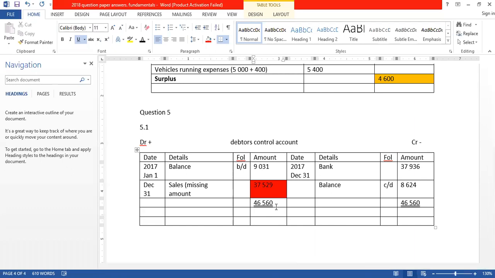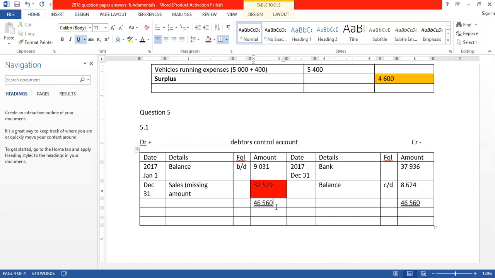Nothing else will be added after that amount. So that was our debtors control account, and that's how we calculate our sales amount. When you're asked to calculate your sales amount, you have to draw up a debtors control account. That's the only way you can get your sales amount.